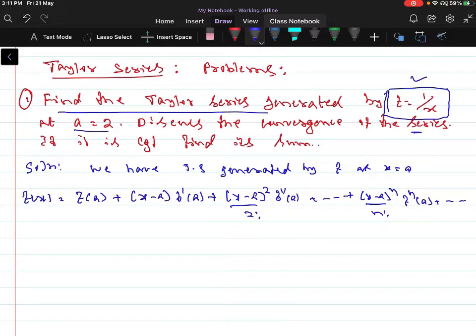So it is a Taylor series expansion for the function f at x = a.